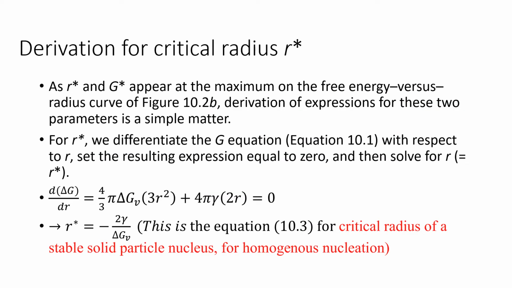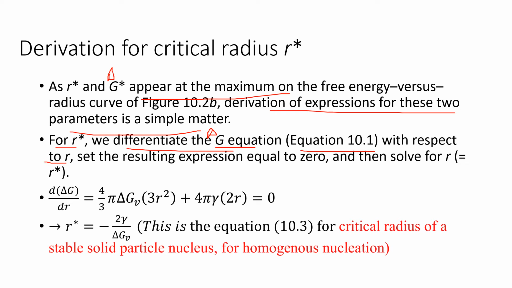Derivation for critical radius r star: r star and delta G star appear at the maximum of the free energy. Derivation of expressions for these two parameters is a simple matter. For r star, we differentiate the delta G equation, which is equation number 10.1, with respect to r.